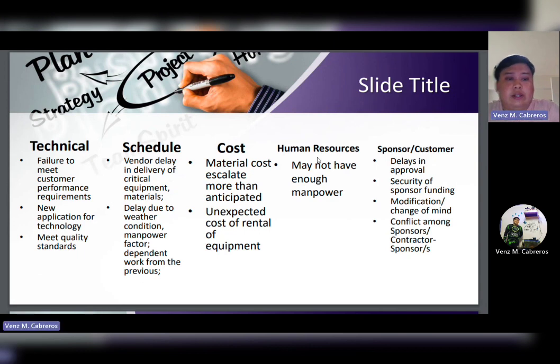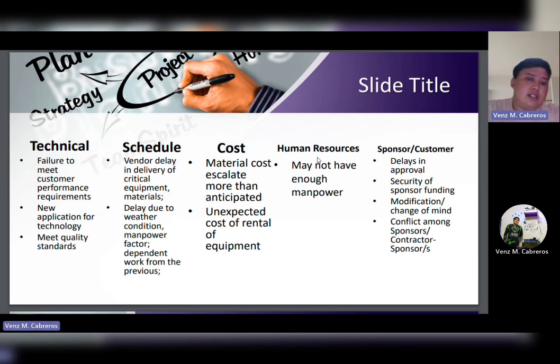For schedule: vendor delay in delivery of critical equipment or materials, and delay due to weather conditions, usually typhoons and earthquakes, which are causes of risk. Manpower, the human factor, and dependent work from the previous task.